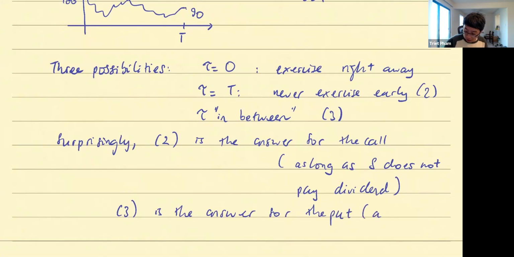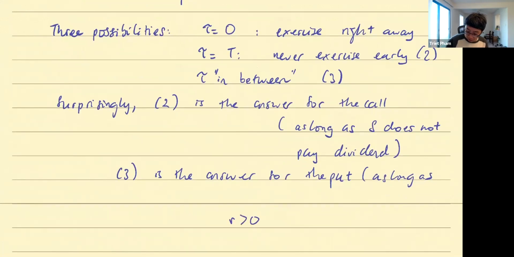Again, there's some condition here: as long as r is positive. And I would say 3 possibly is the answer in general. So 2 is very strange. Intuitively I would say 3 is the answer, but somehow 2 is the answer for the call.